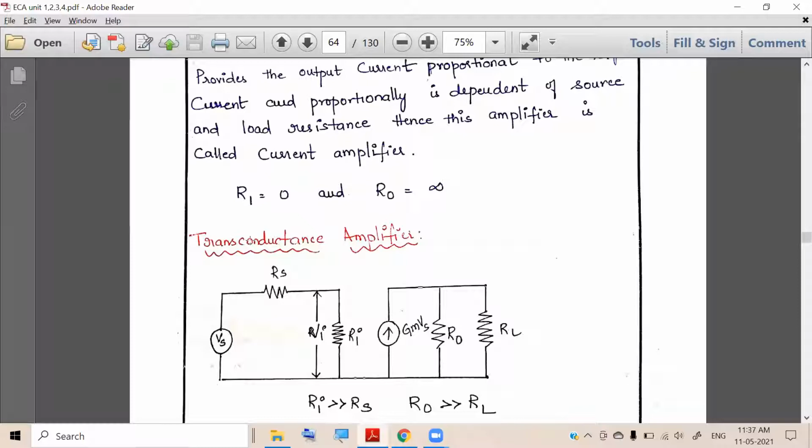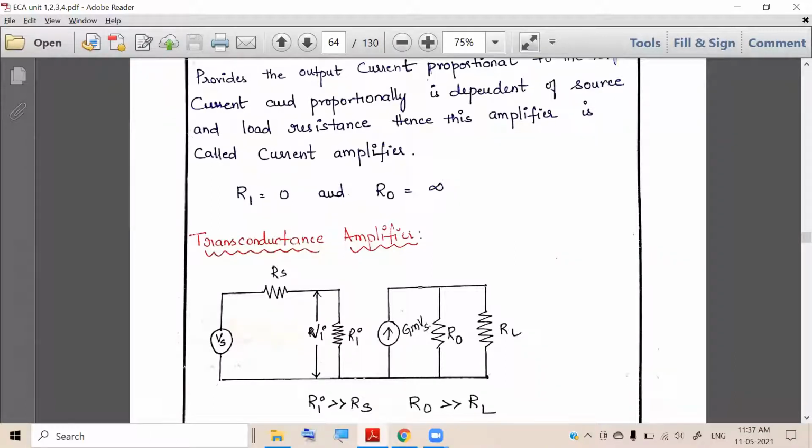Next, this structure is something similar to the current amplifier. Only GM is used to represent transconductance. So we are using GM here, GM VI. This is VI.